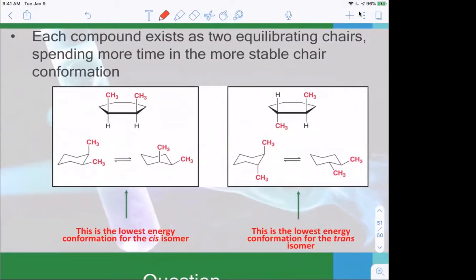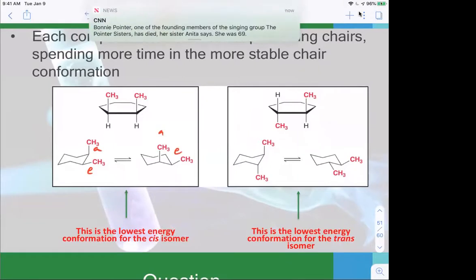Now, anytime I have these two different isomers, the cis and the trans, each of those compounds is going to exist as two equilibrating chairs. That conformation that's most prevalent is going to correspond to the more stable chair conformation. So here I have axial equatorial, I have axial equatorial.